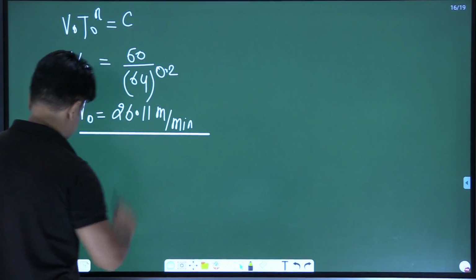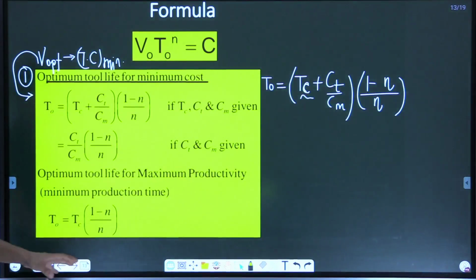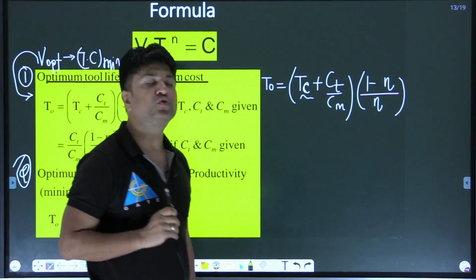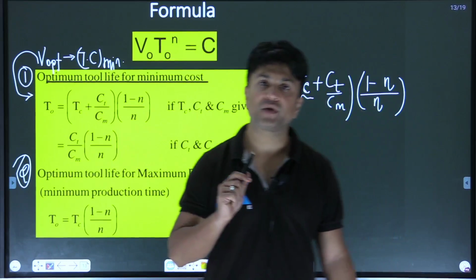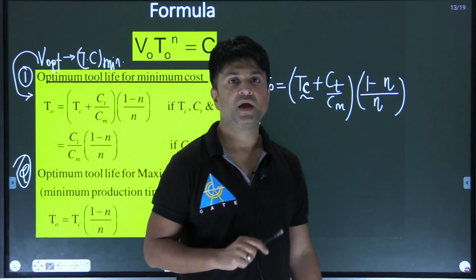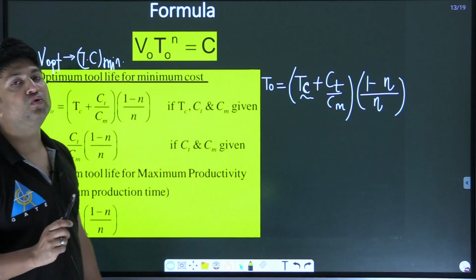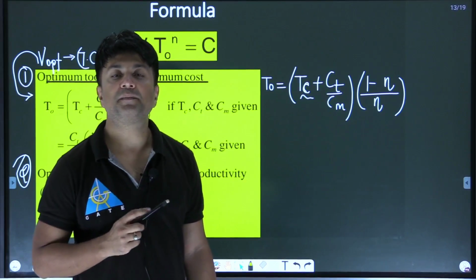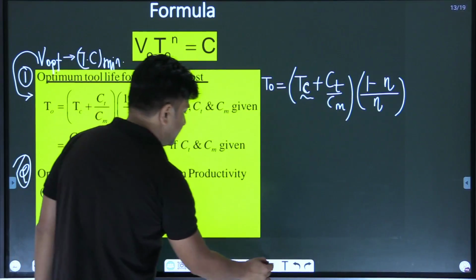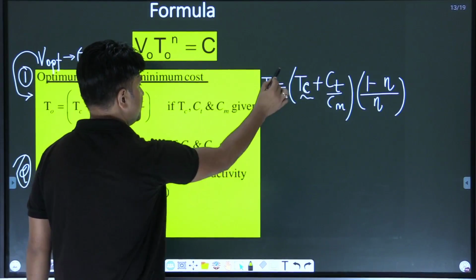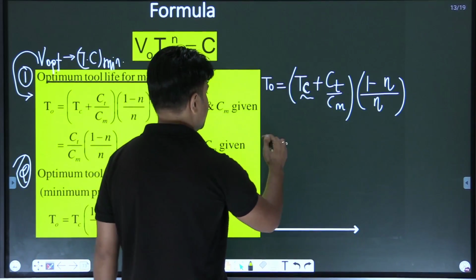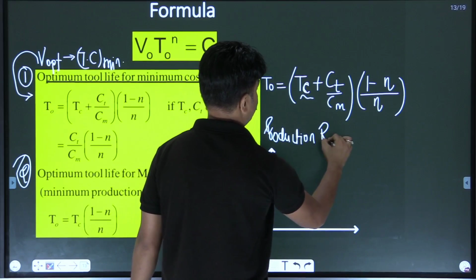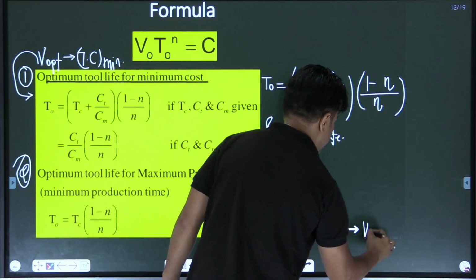This is the answer. Now the next thing is the other formula, formula number 2. I want to know the velocity where the production rate is maximum, or the tool life where I am getting the maximum production rate. Dear student, there is a graph of production rate, meaning manufacturing rate, against cutting velocity.